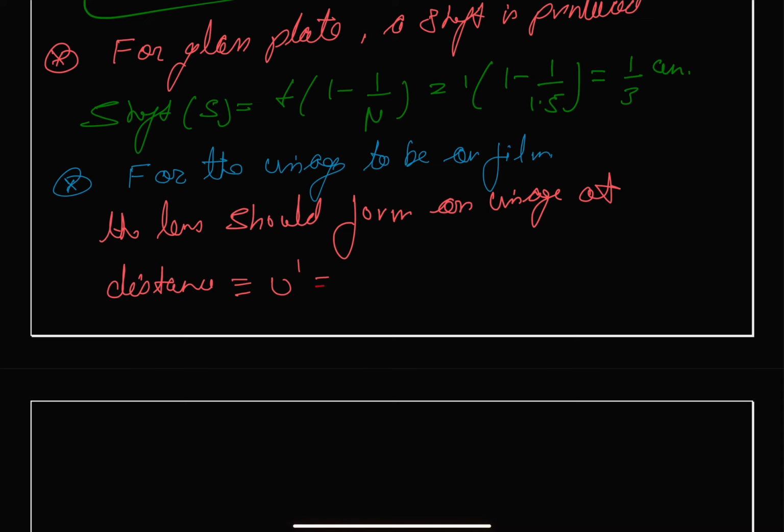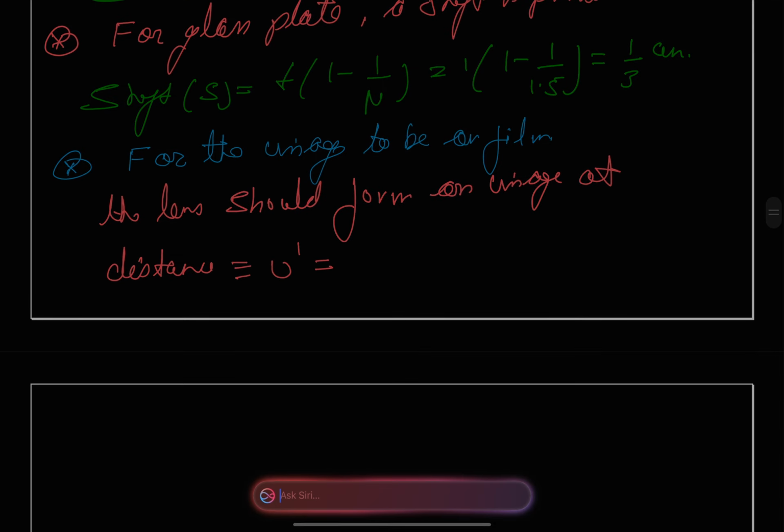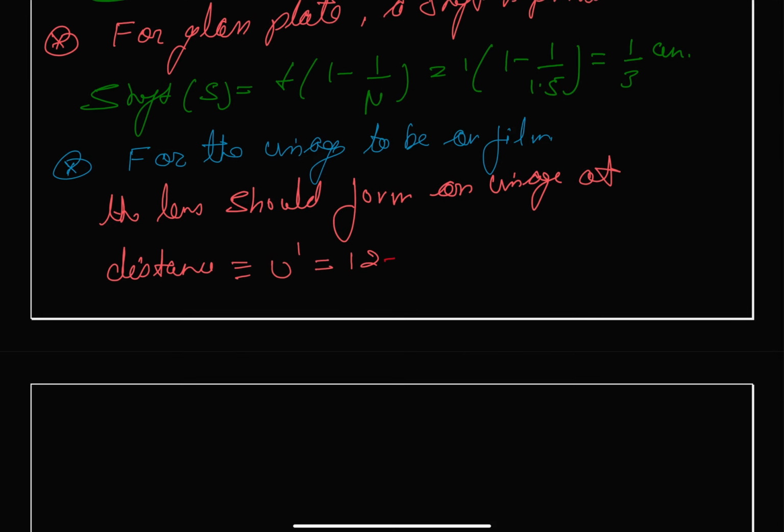Then this V prime will be equal to, the original distance was our 12, so this comes 12 minus the shift, that is 1 by 3, and this comes as 35 by 3 centimeters.